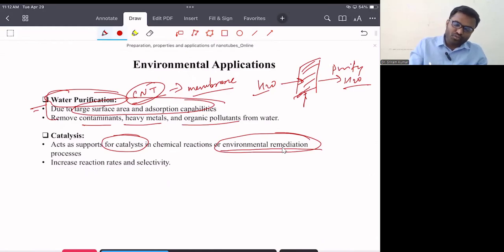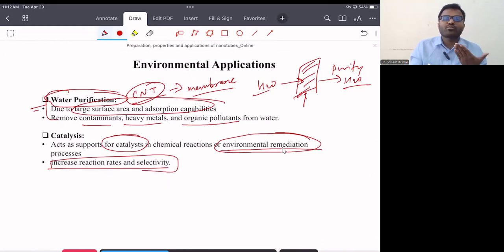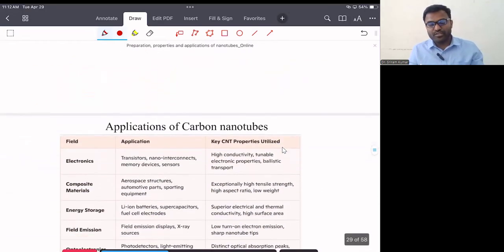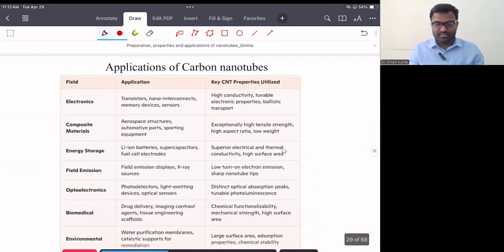Here we are going to develop some kind of catalyst that can improve the overall reaction rate and the selectivity to that particular contaminant in the water system. So these are the various applications of CNT. It depends on what and where you want to use CNT.